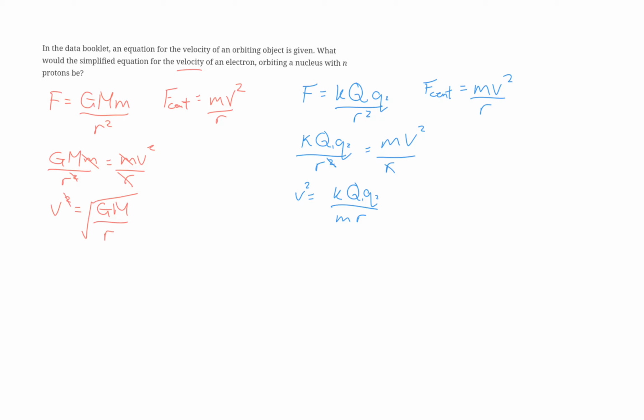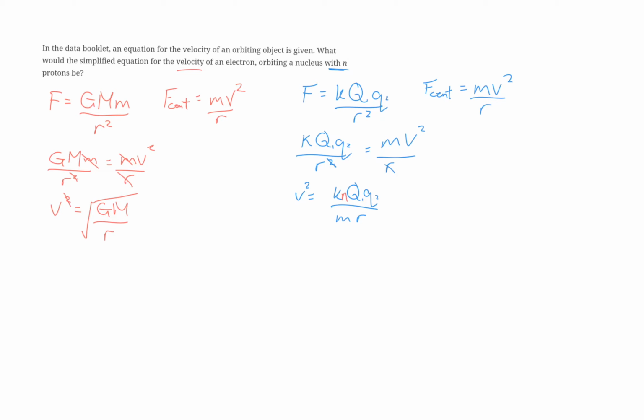So the only other thing in here is it says, what would be the simplified equation for the velocity of an electron orbiting a nucleus with n protons? So we can think of this formula now. If we want to make the attractive force stronger, there's going to be n protons in there.